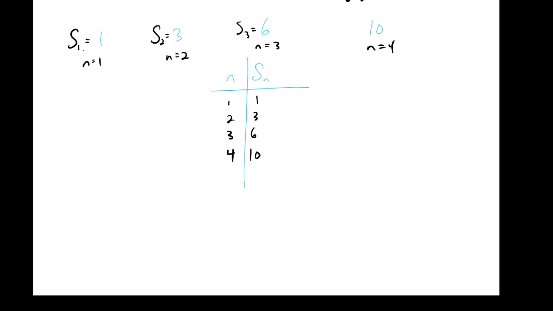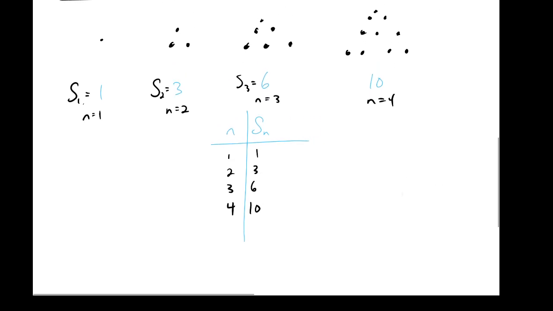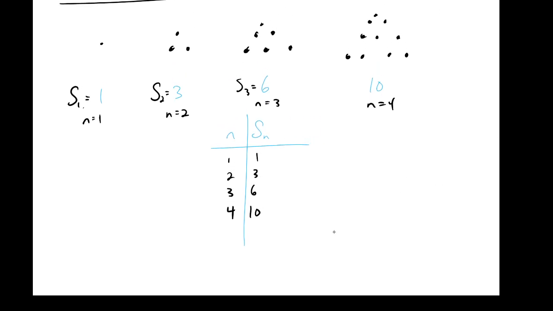So to do this, right, what we're doing is we're just adding that last row, right? So we can take that previous number and then notice the last row. For example, in n equals 4, that has 4 dots in it, right? So whatever number term we're in, that's how many are going to be in that last row. So all we have to do is just take whatever row we're in, right, and add the previous sum, right? So 4 plus 6 is how we get 10.